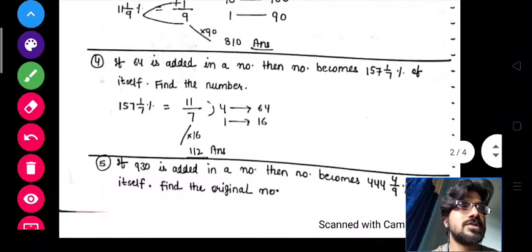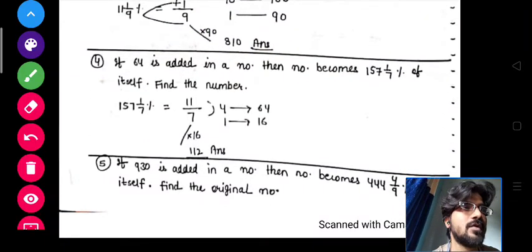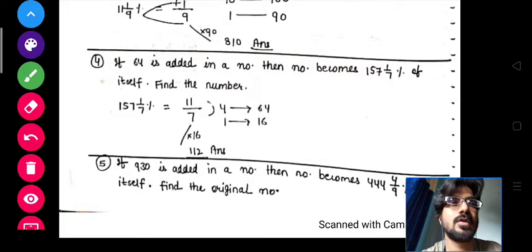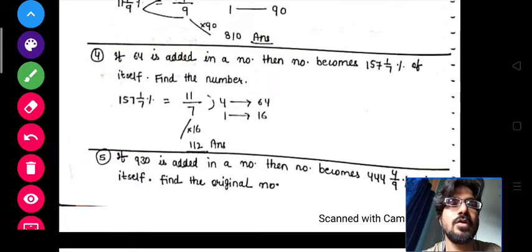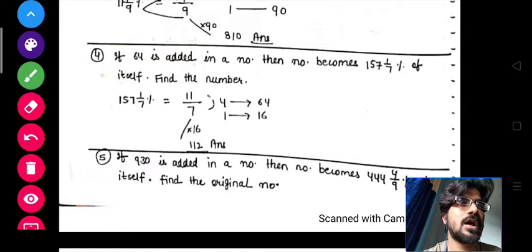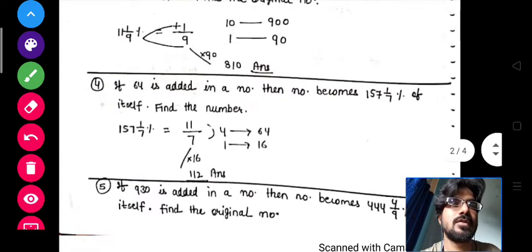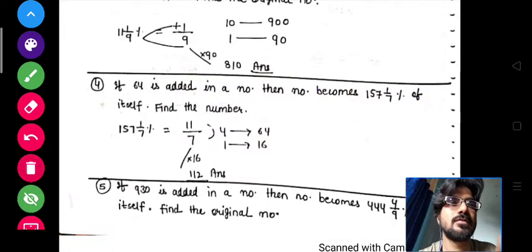If 64 is added to the number, then the number becomes 157 1/7% of the number. So find the number. Okay, so the value of 157 1/7% of a person, either you can calculate it or you can just learn the value, and it will come in the ratio of 11:7.